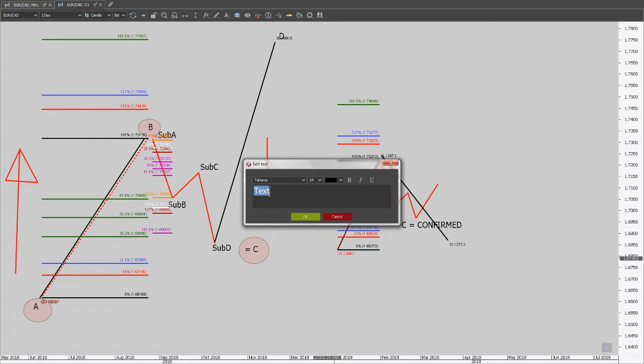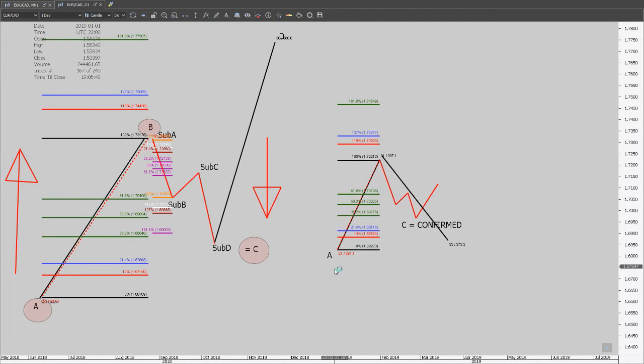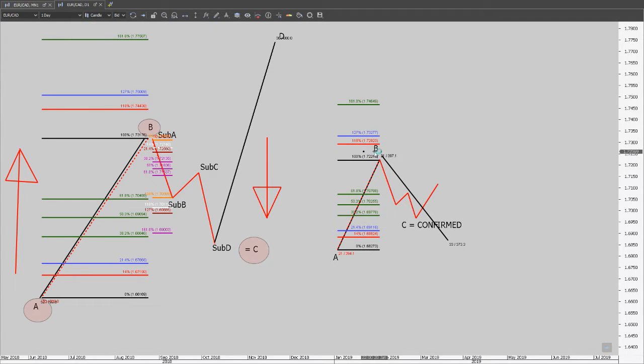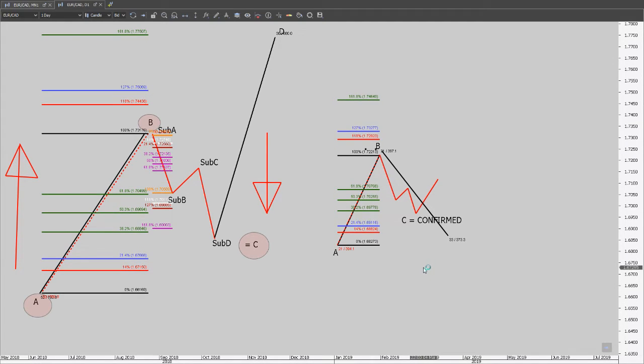And here is where we want to enter the market. We want to buy the C and exit at the appropriate D extension, with profit, of course. Okay, so this is our plan of attack.